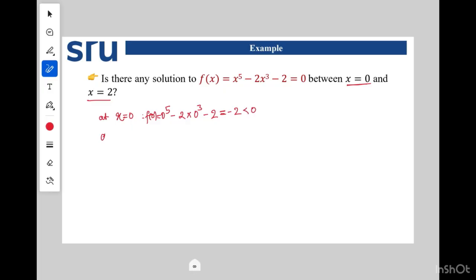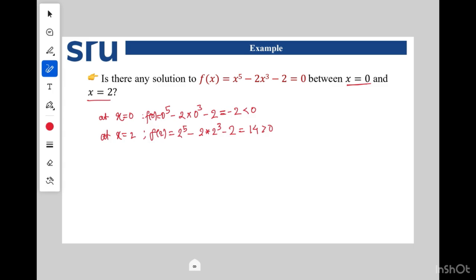And at x = 2, what is f(2) here? f(2) is 2^5 - 2 times 2^3 - 2, which is equal to 14, which is greater than 0.